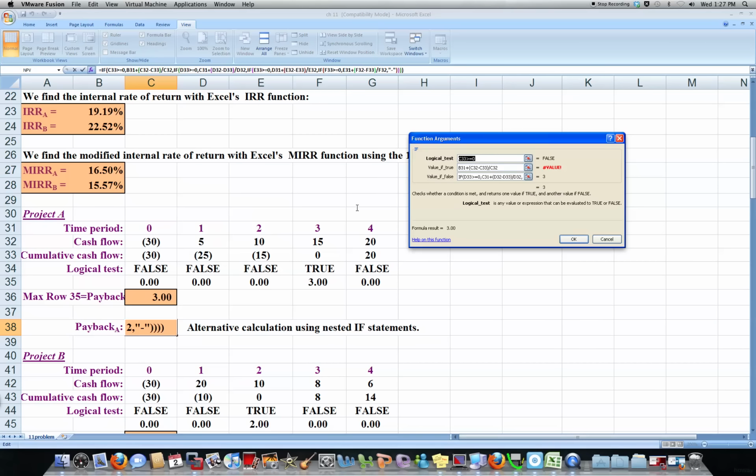And if it's true, then we go back one period, to the period before it, plus in this case B31 plus C32 minus C33 divided by C32 if it comes back true. So it does the same thing again.